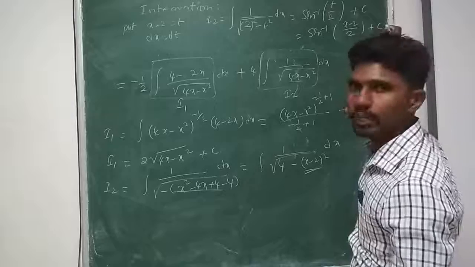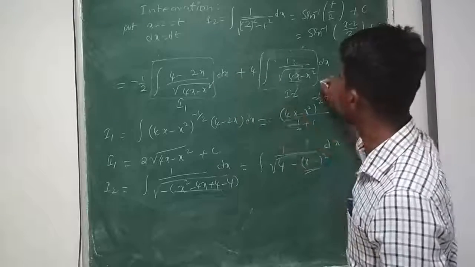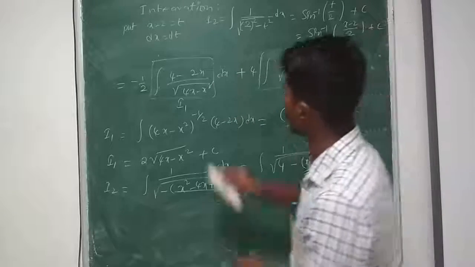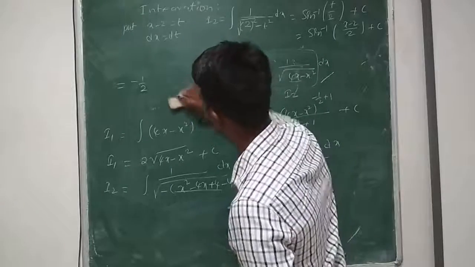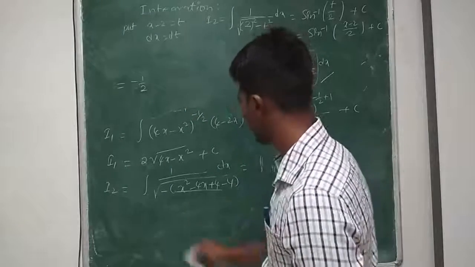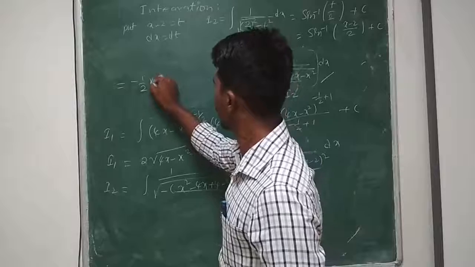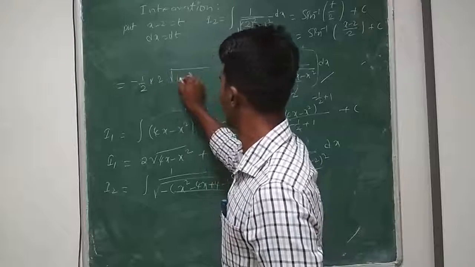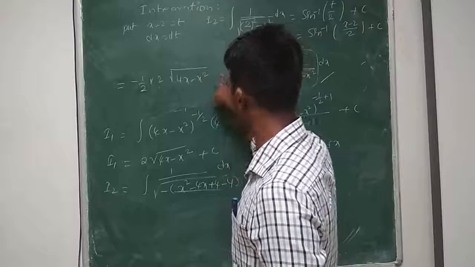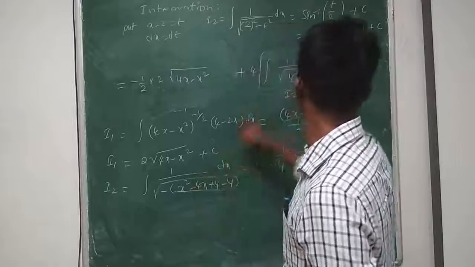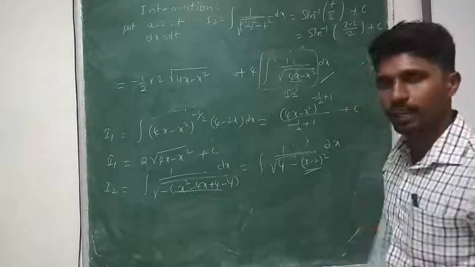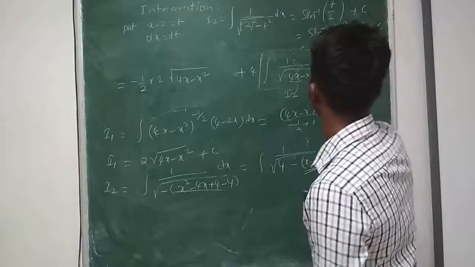Now I have to substitute I1 and I2, and that is our final solution. I1 is 2 root over 4x minus x square plus c. This plus c and that plus c together I write as one c.